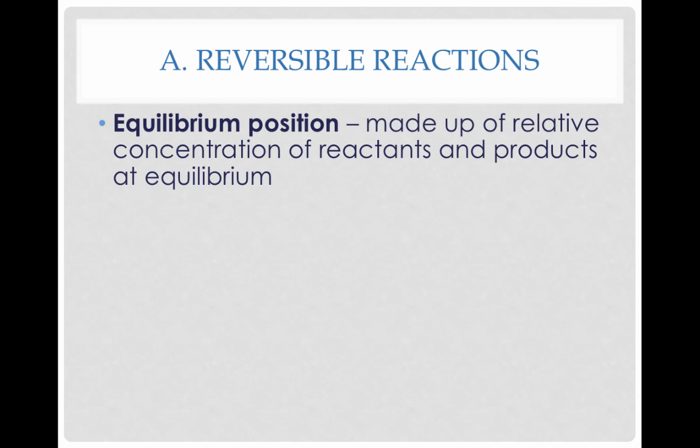So reversible reactions, when equilibrium has been reached, are made up of concentrations of reactants and products, and we can calculate that. Let's use the example A converting to B. You notice that the arrows are a different length here. Those arrows, when you write them in a different length, actually tell you what's favored in the reaction.